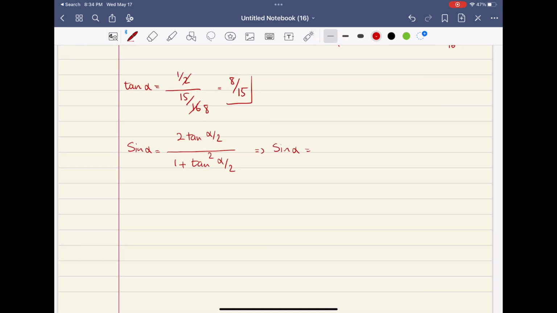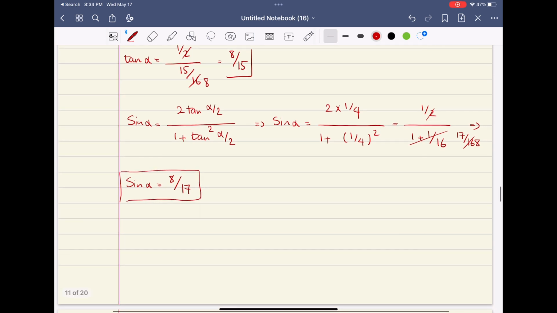So sin α would be equal to 2 times 1/4 over 1 plus (1/4)². So it's going to be 1/2 over 1 plus 1/16. 1 plus 1/16 is 17/16. So the final answer would be equal to 8/17. So sin α would be equal to 8/17.